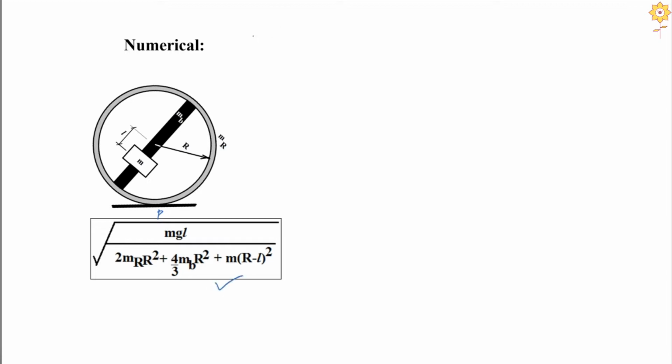Now let us start with the kinetic energy of the system, KE. Now let me write for the ring. It's a kind of a torus, right? So half into the I about point P into theta dot squared, right?